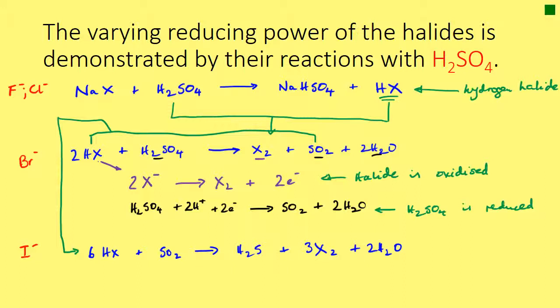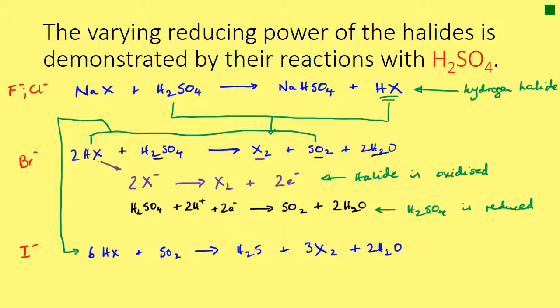So the halide half equation first, we've got X minus in our hydrogen halide, we've got two of them from here, and they are making the halogen like that, and in the process they give up 2 electrons.